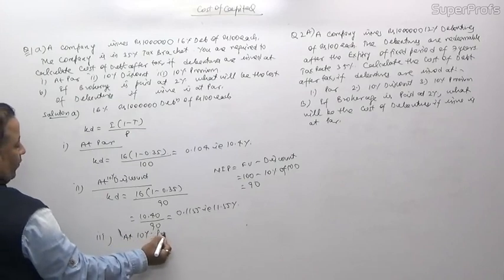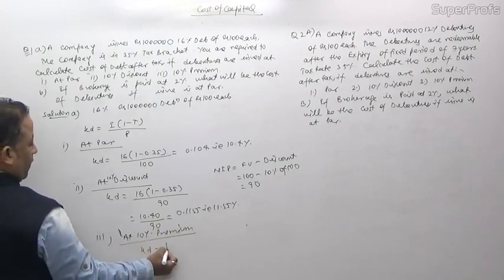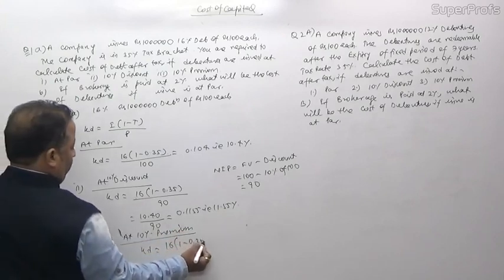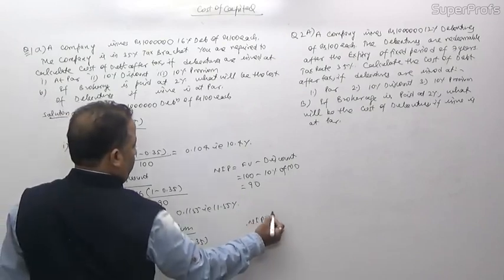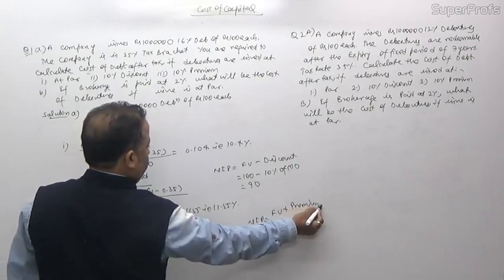Third part is at 10% premium. Interest rate 16%, tax rate 35%. If debentures are issued at a premium, the net issue proceeds equal face value plus premium.